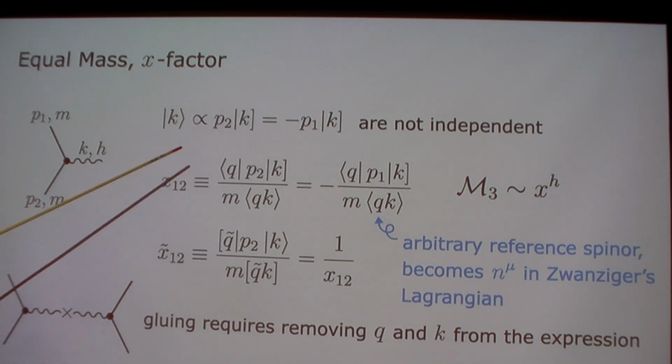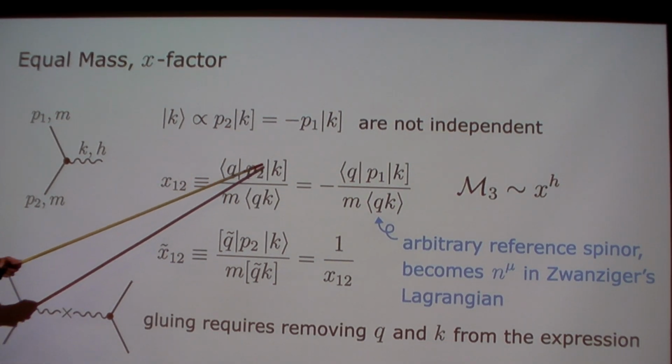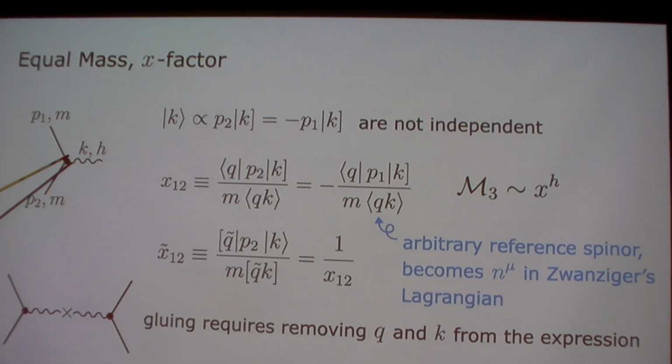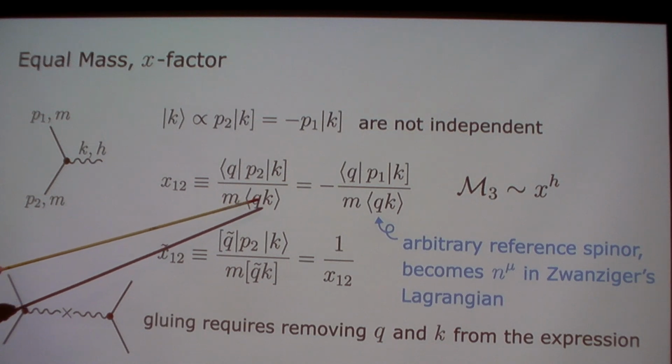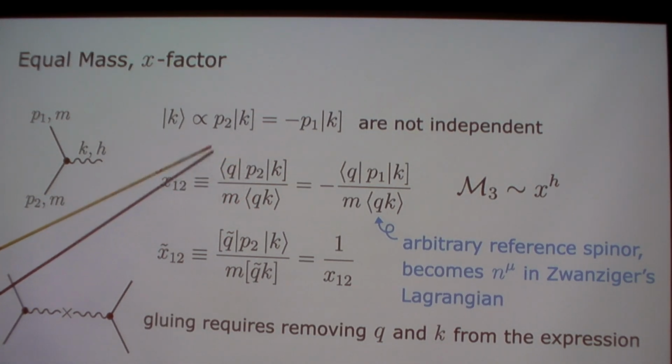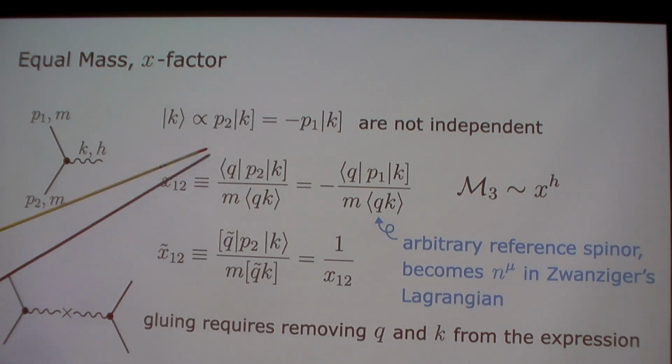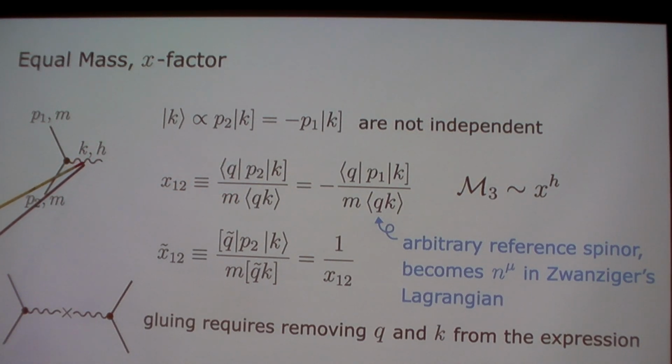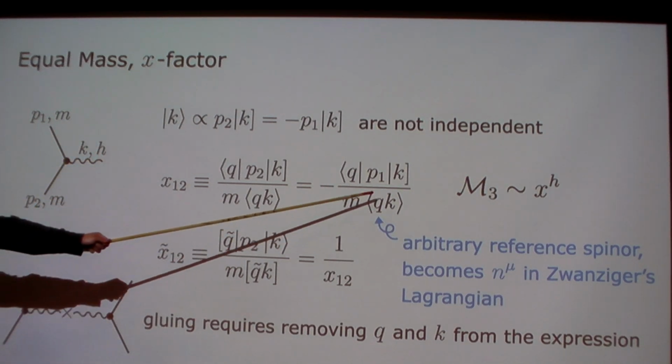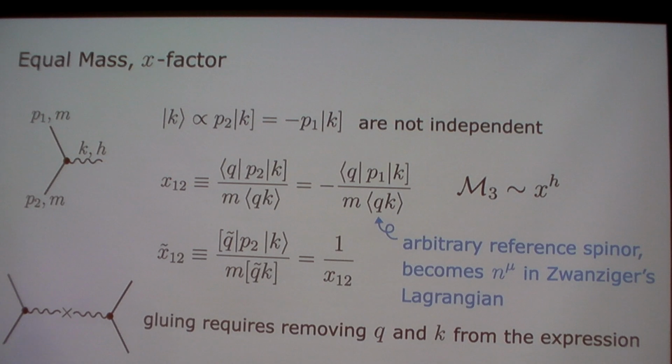If you look at this x factor, the top has a square K, where K is the momentum of the massless particle, and the bottom is an angle K. So together, this carries a +1 helicity for this massless particle. So if this amplitude has a massless particle with helicity h, then the 3-point amplitude should go like x to the power of h.